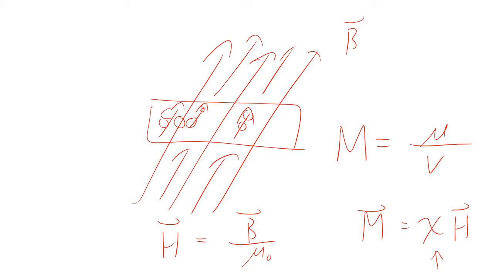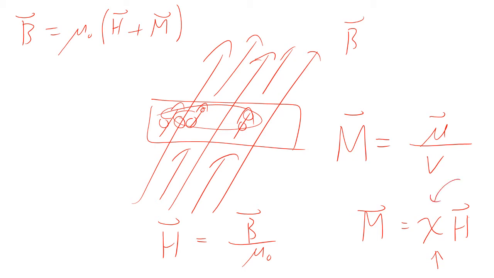Okay, and so the total magnetic field out here is now going to be amplified. It's going to be equal to mu naught times the magnetic field strength that you're applying plus the magnetization, which is what's happening to the material itself right here. And that depends on the susceptibility.